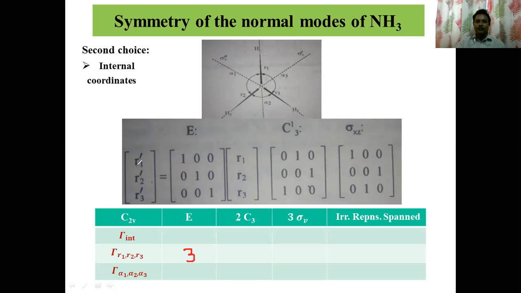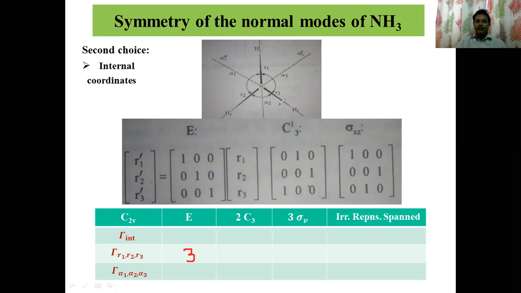So that means new R1 prime should be written in terms of R2, right? So therefore, this is going to be 0, then 1, it is for R2, again 0, right? So that's why this row goes like that. Now for R2 anti-clockwise, it goes to R3, right? So therefore, R2 prime should be 0, 0, 1, right?